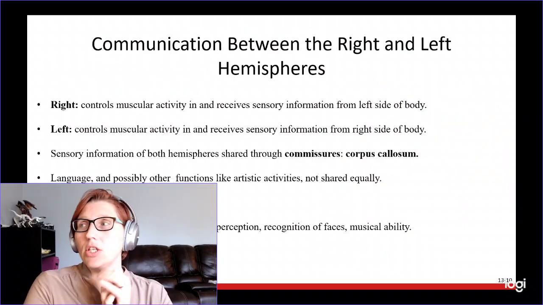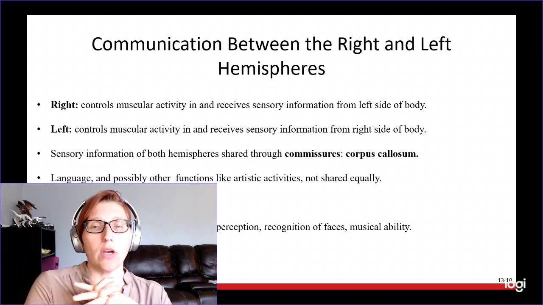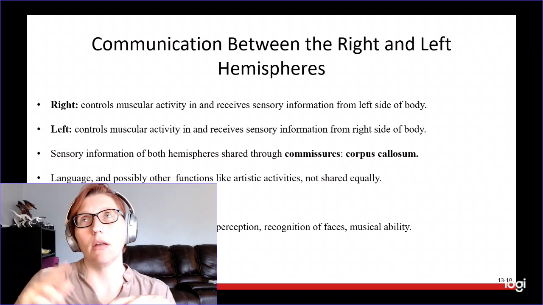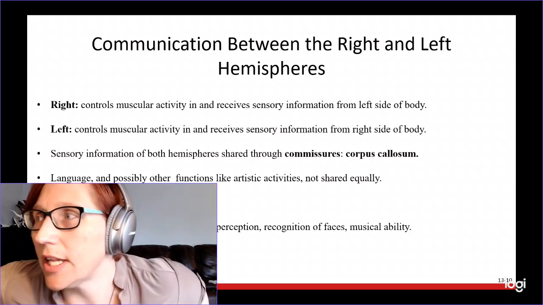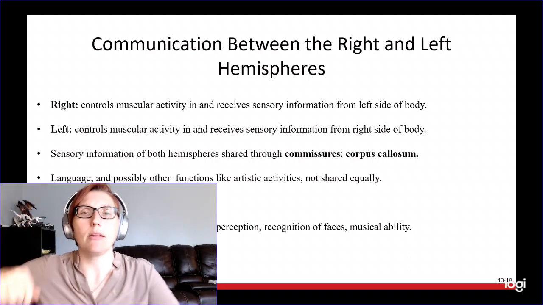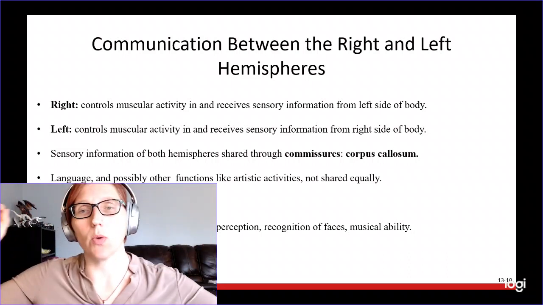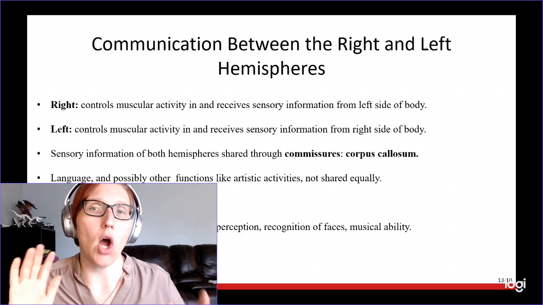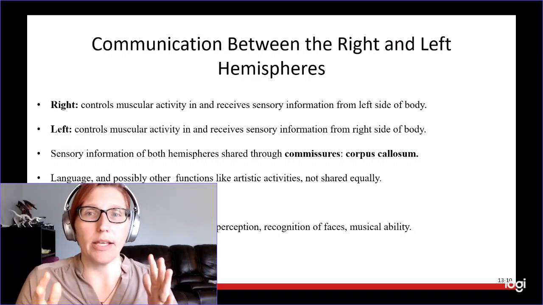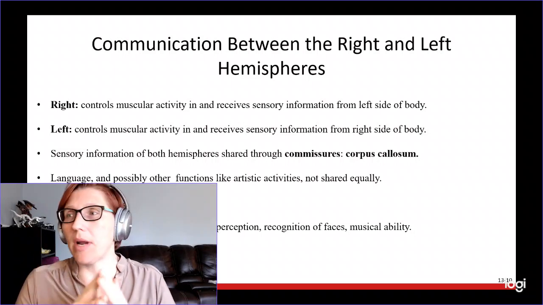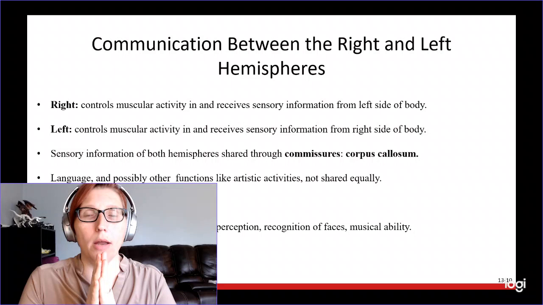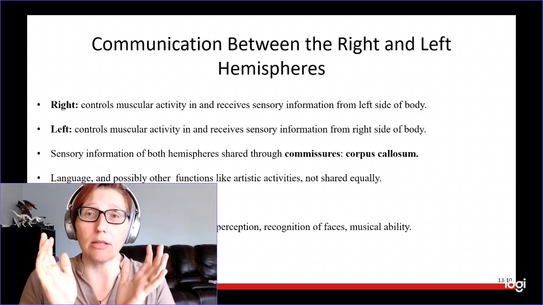All right, communication between right and left hemispheres. Now, you've probably heard on and off, it's something people think is very interesting, that the right hemisphere of the brain controls the left side of the body and the left hemisphere of the brain controls the right side of the body. That is not 100% true, but by and large, it is fairly well accepted that mostly that's what happens. But there is a lot of communication going on between the right side of the brain and the left side of the brain.